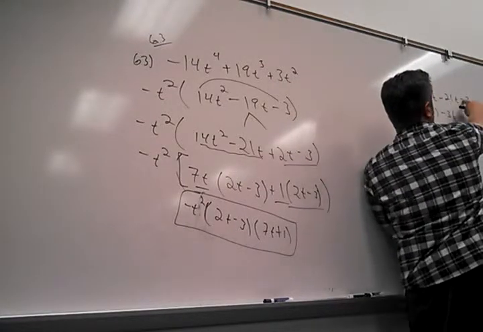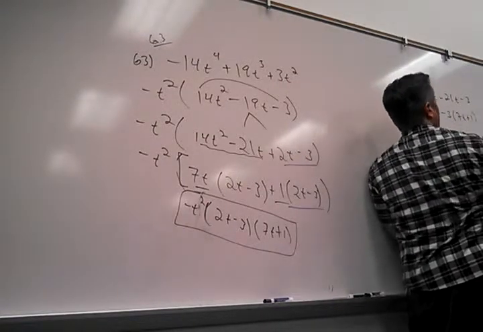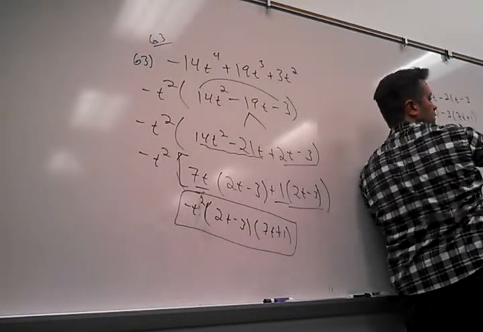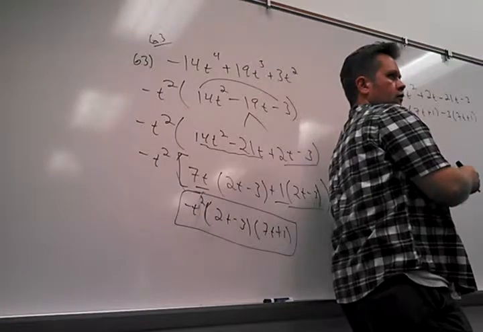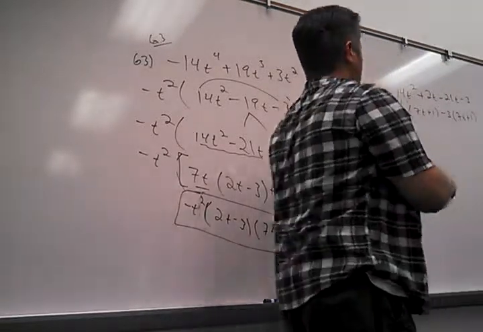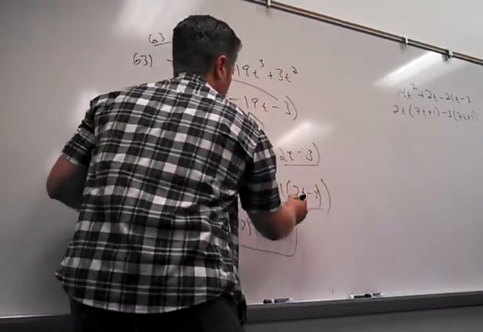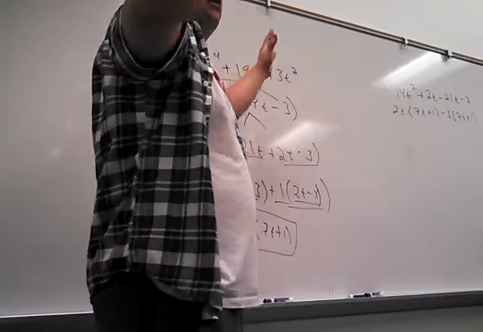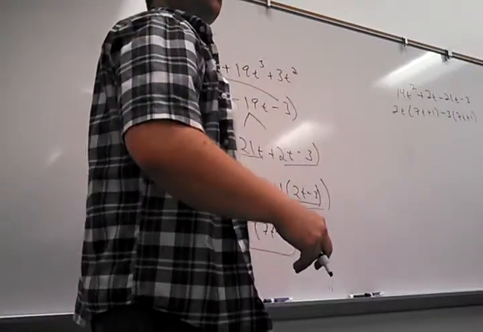So both of these become positive. Take a negative out, they both have to change signs. And these are the same thing. Here I got my 2t minus 3 on the inside, you got your 2t minus 3 on the outside. I don't care, the next step they're both going to agree.